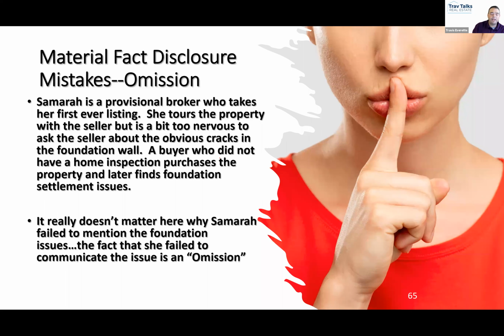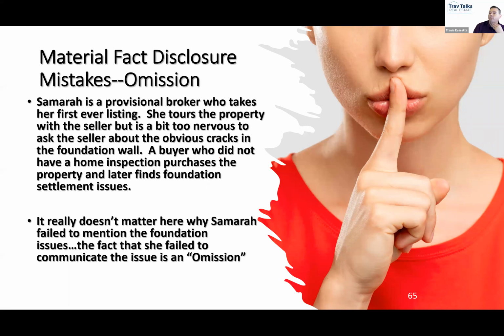So when you back up over here to Samara, she tours the property with the seller, but is a bit too nervous to ask the seller about the obvious cracks in the foundation wall. A buyer who did not have a home inspection purchased the property and later finds the settlement issues. So do you think Samara willfully omitted here, or do you think she negligently omitted? What do y'all think?